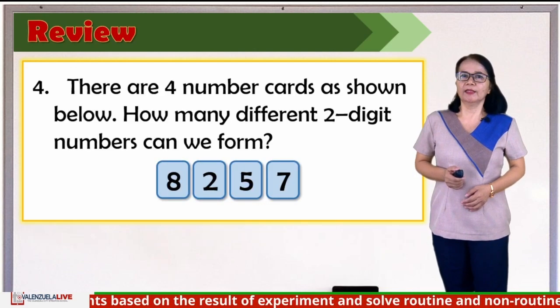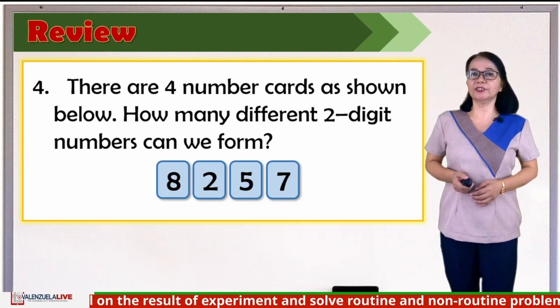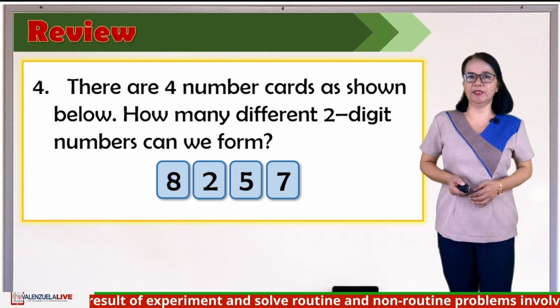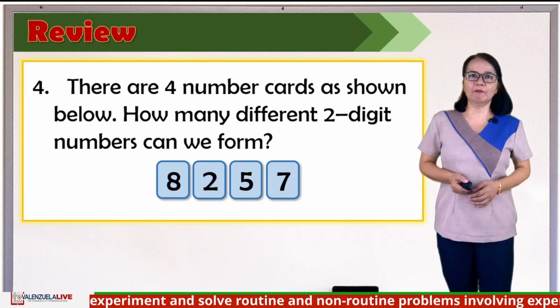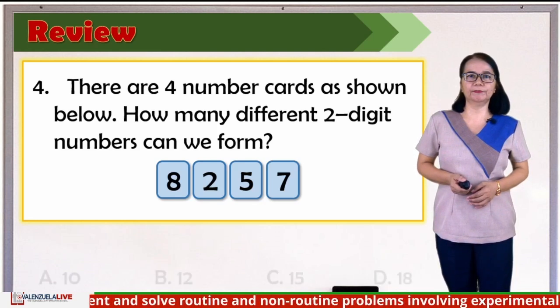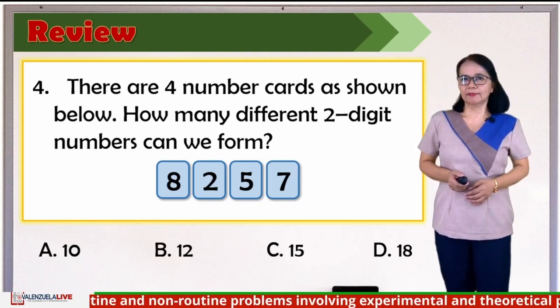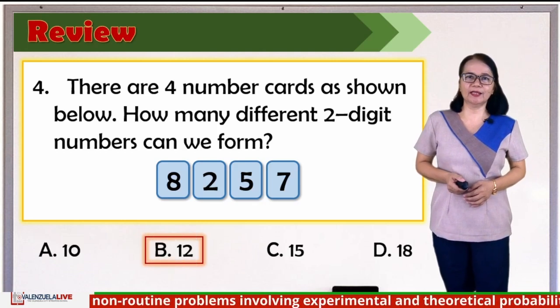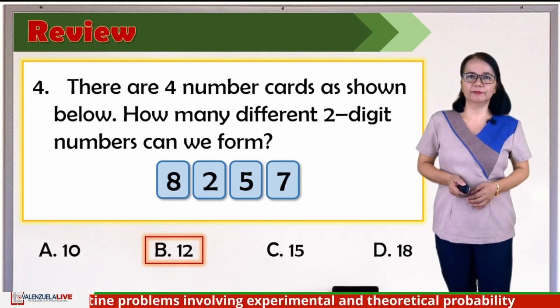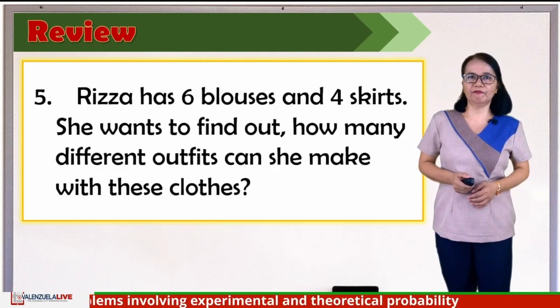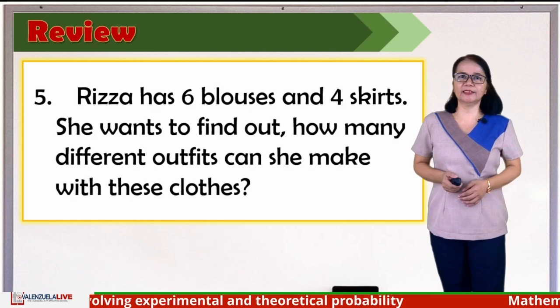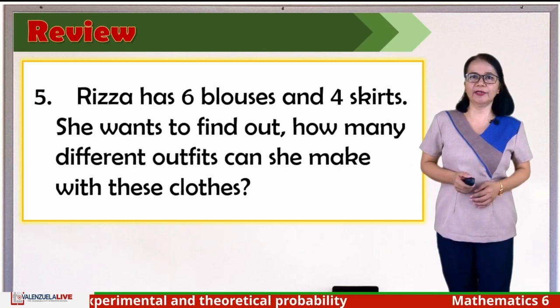Number 4, there are 4 number cards as shown below. How many different 2-digit numbers can we form? The correct answer is letter B, 12. Last number, 5. Risa has 6 blouses and 4 skirts.